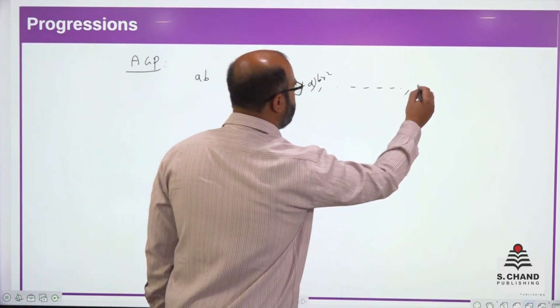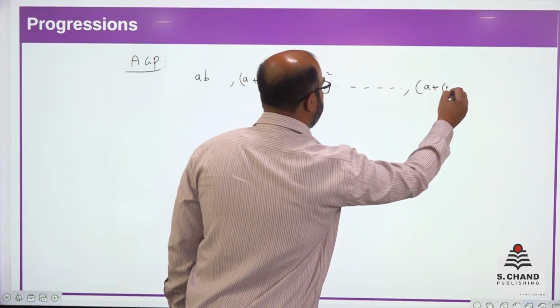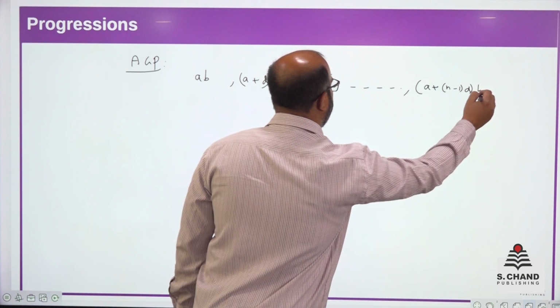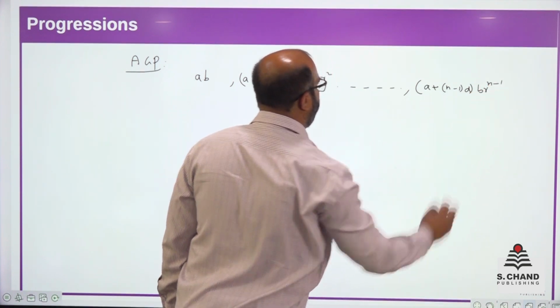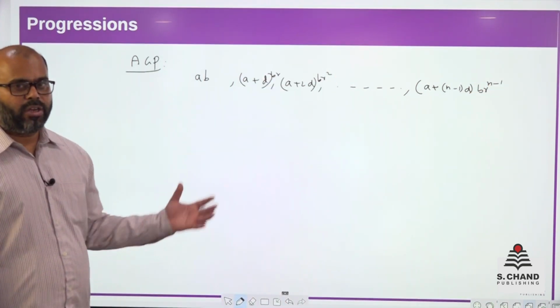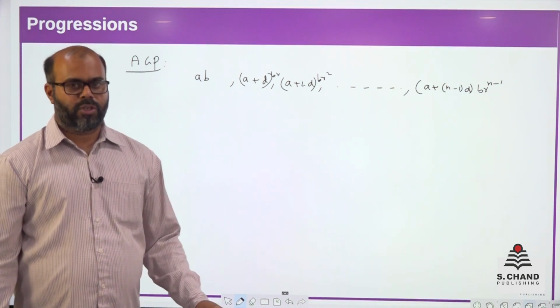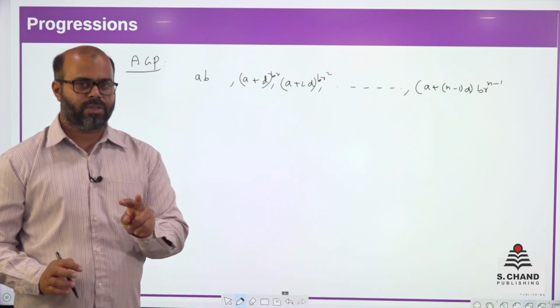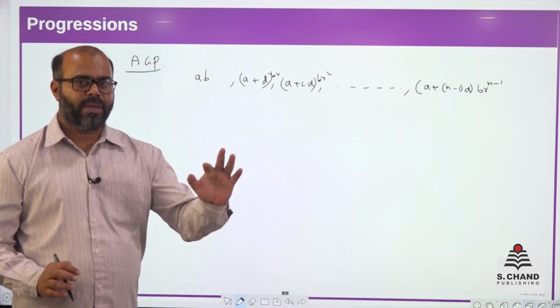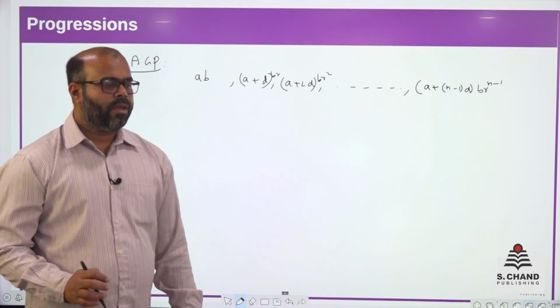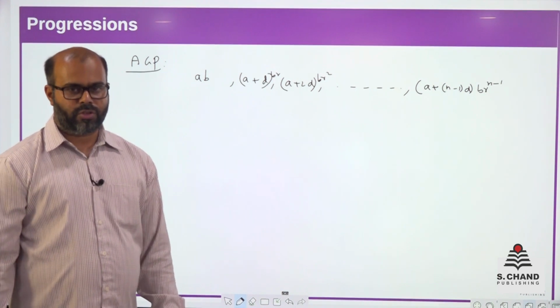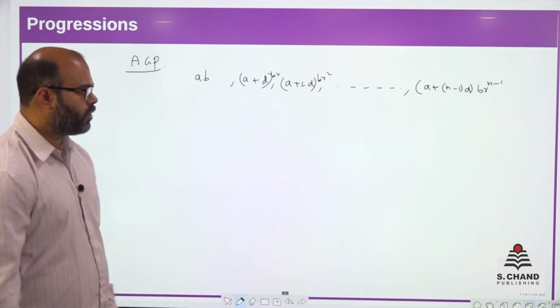So if you come to the last term, it will be (A plus (n minus 1)D) into BR to the power n minus 1. So arithmetico-geometric progression is this one, and in it, each term is a multiple of two terms. One term is forming an AP, another term is forming a GP. You may come across some questions based on this, and we will see those questions.